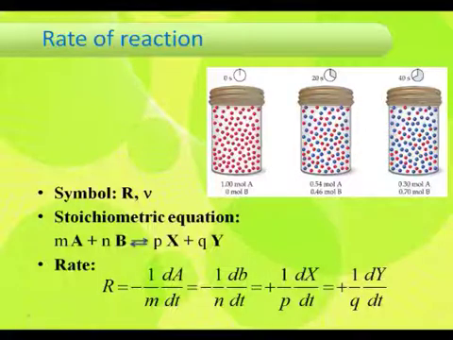So at the initial time, 0 seconds, there is only 1 mole of A. But at 20 seconds, the reaction has already progressed, and we have only 0.54 mole of A and 0.46 mole of B. Then we leave it until 40 seconds.